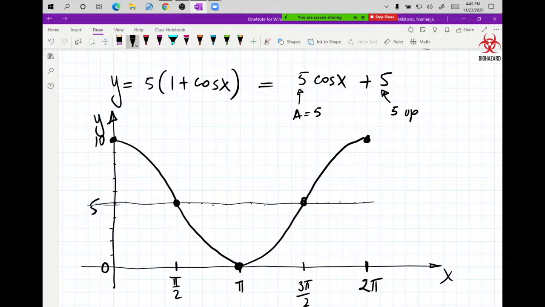Yeah, the average value is 5. It's the middle because it's a perfectly symmetric trig function. And the amplitude of the whole thing is 5 each way, so 10. So if this is in feet, these are some serious waves, 10 feet tall. From the lowest point of the wave to the highest point of the wave is 10 feet.